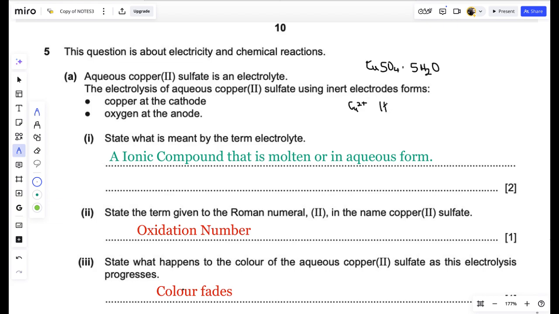Water produces both hydrogen ion and hydroxide ion. What are the negative ions? We have sulfate ion, SO4 2 minus, and hydroxyl ion, OH minus. So these are the 4 ions that will be in the electrolyte.